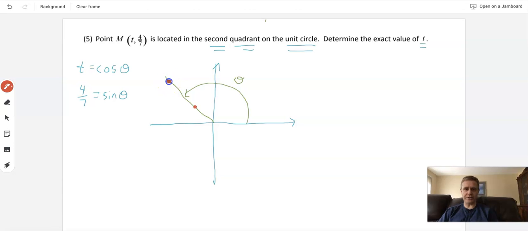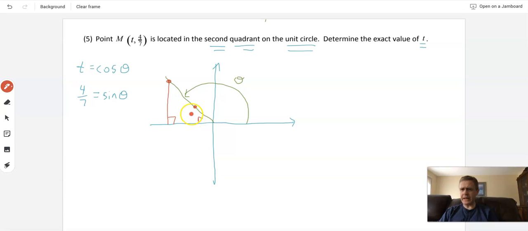And I'll explain why in just a second. So this is a point that's on the terminal side of this angle, and from here I draw a perpendicular down to the x-axis. And here's our right triangle that I'm going to use to help ultimately solve for the cosine of angle theta. The reference angle to this angle theta is located right here in my right triangle.